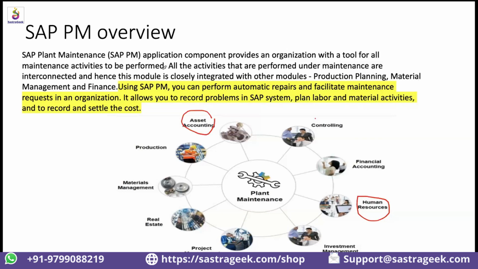Basically, why we use SAP PM is for tracking and automatically handling the repair of any equipment, facilities. Let's say you have a city to be maintained. There also PM can be used. It's not only that you have to have equipment in place.